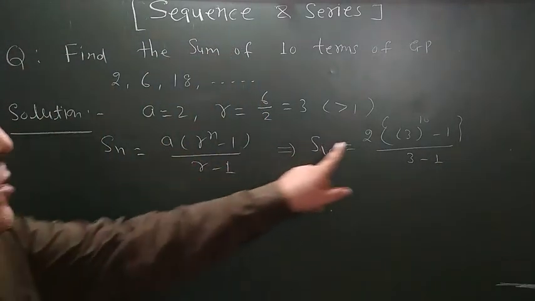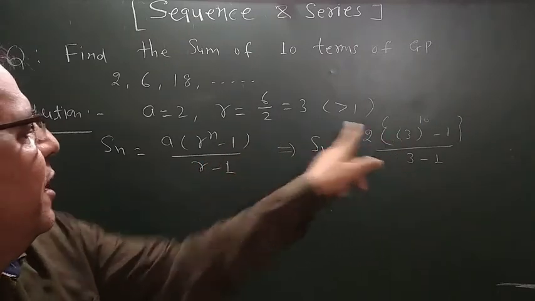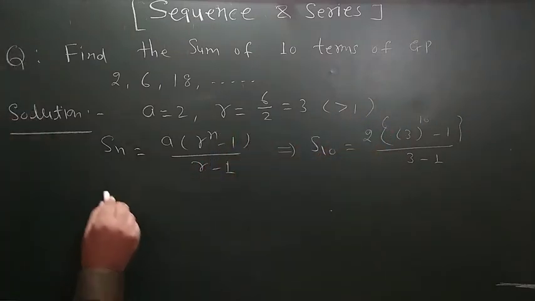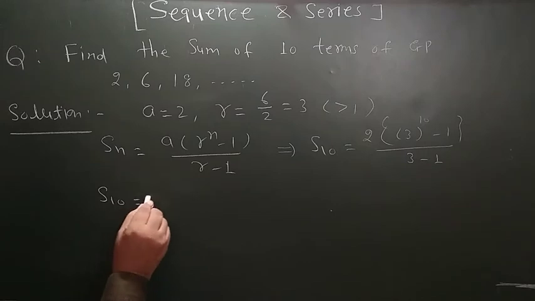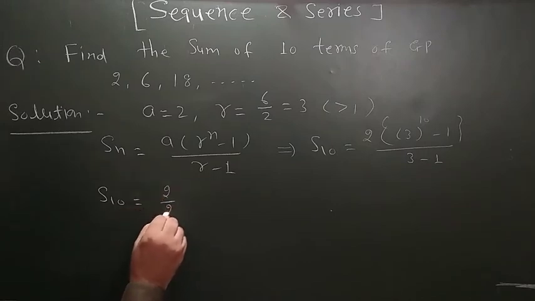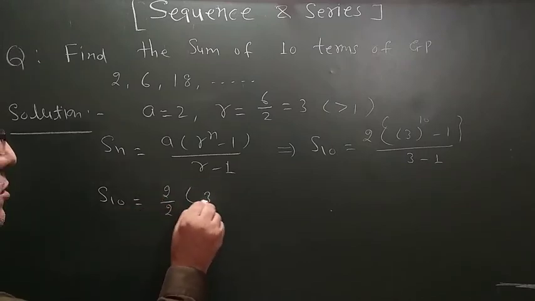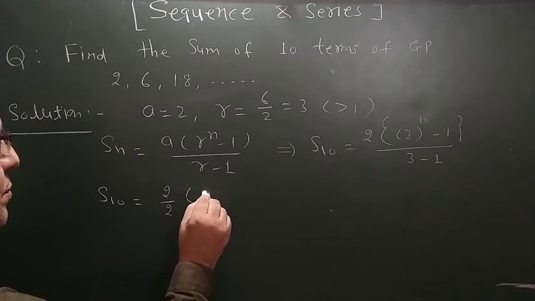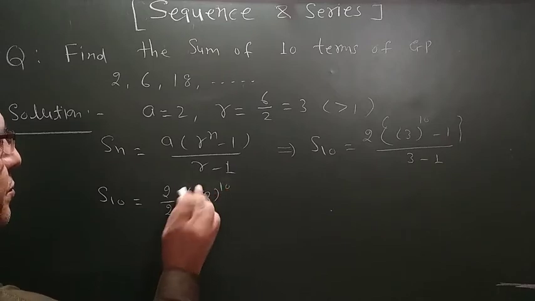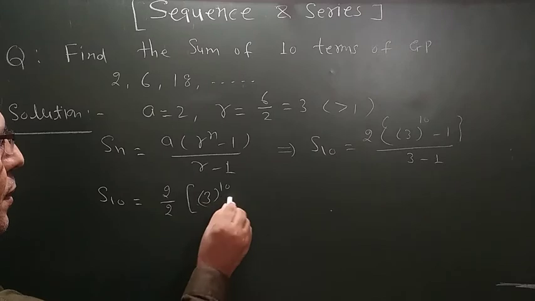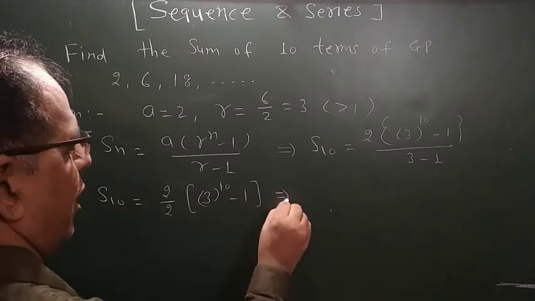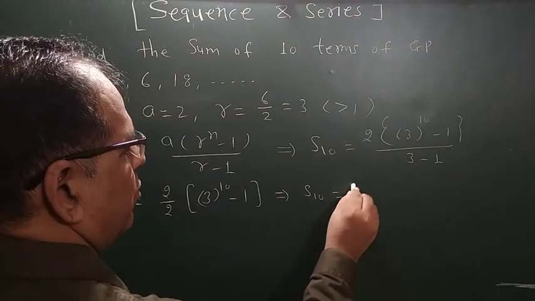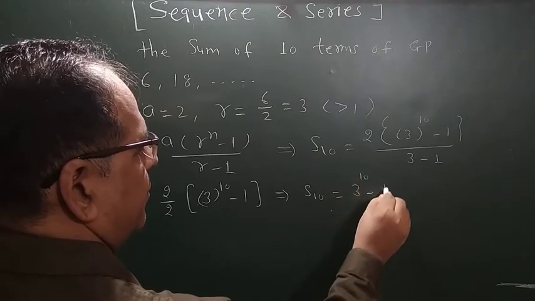Here A is replaced by 2, R by 3, and n by 10. So we have S10 equals 2 upon 2 times (3 to the power 10 minus 1). So now we have S10 equals 3 to the power 10 minus 1.